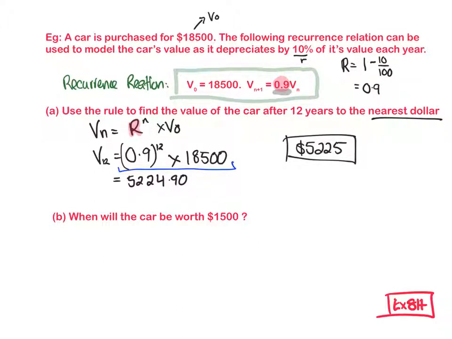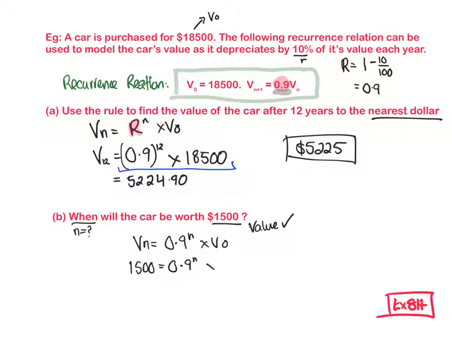Okay, when will the car be worth 1,500? They've given you the value, and they want to know when. That means n is the question. So using my nth rule, it would be 0.9 to the power of n times V0. We're trying to find when the value is 1,500.